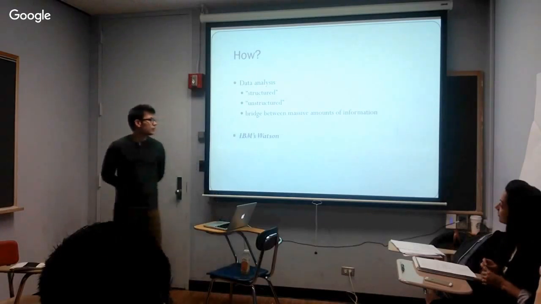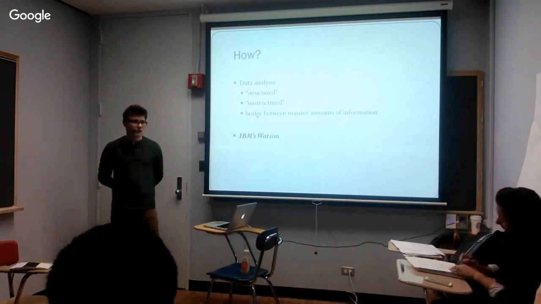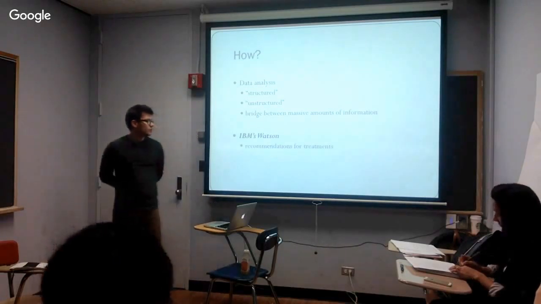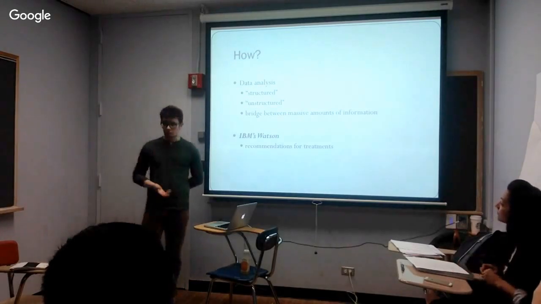So an example for that would be IBM's Watson, which is a platform that currently has an application in all those three fields I talked about in the previous slide. The way it applies to the field of healthcare is by recommendations of treatment. What does it do?